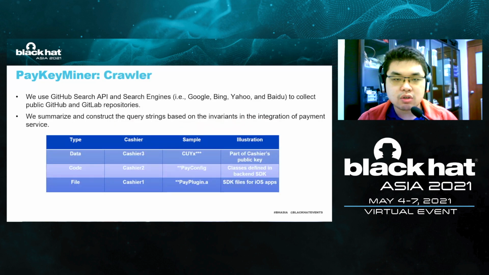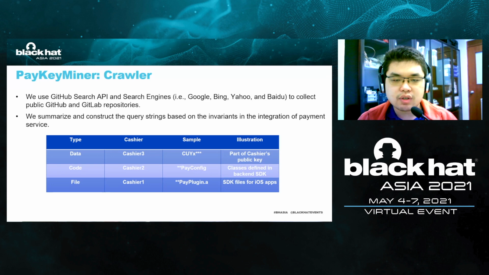So, the crawler will first identify the payment-related Git repositories with the help of GitHub search API and for search engines, including Google. Towards this end, we summarize 3 types of environment in the integration of mobile payment to construct the cashier-specific query strings.